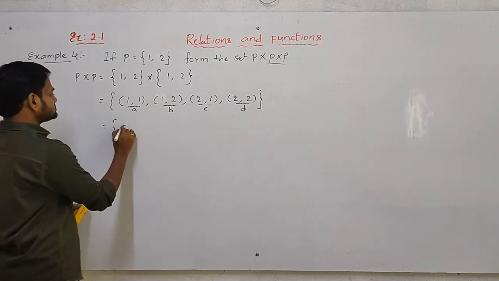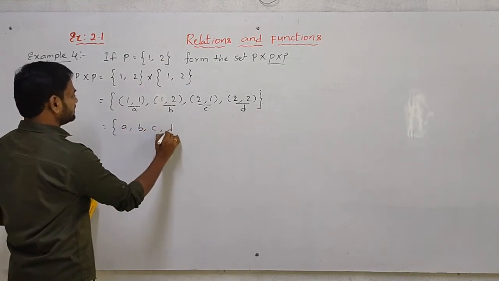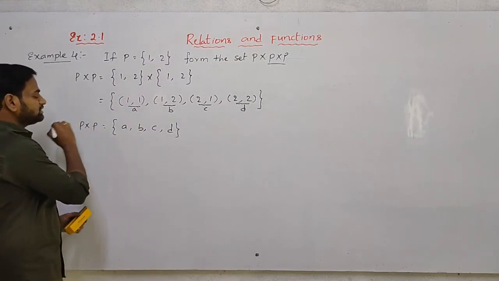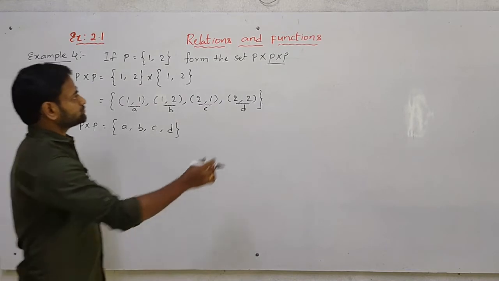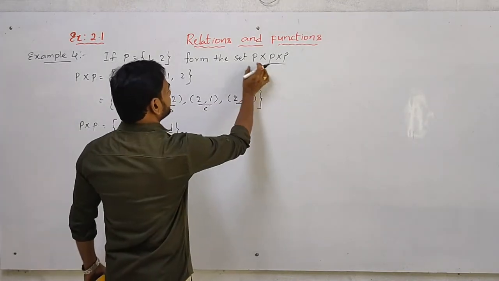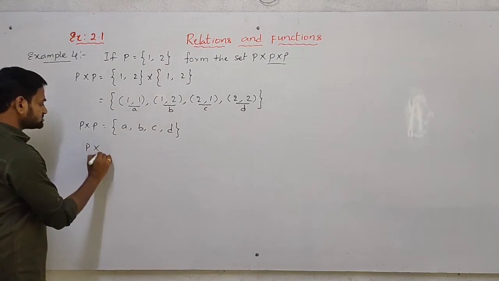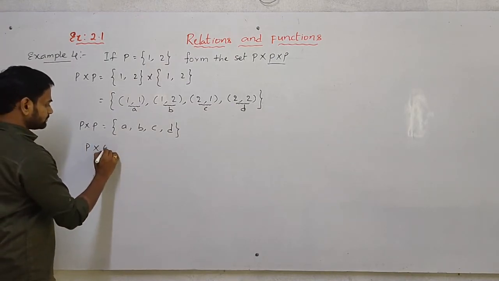Now, this set {A, B, C, D} is P cross P. Next, I have to take cross with P again. So that is P cross P.